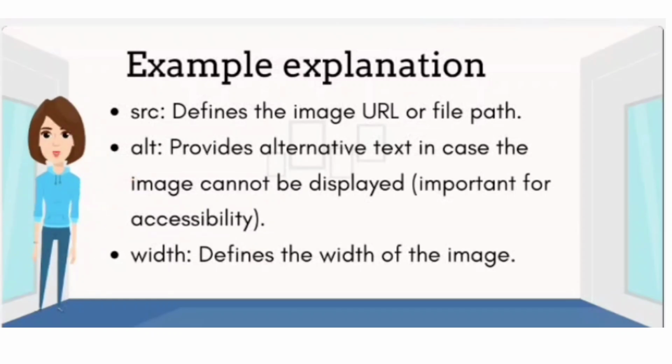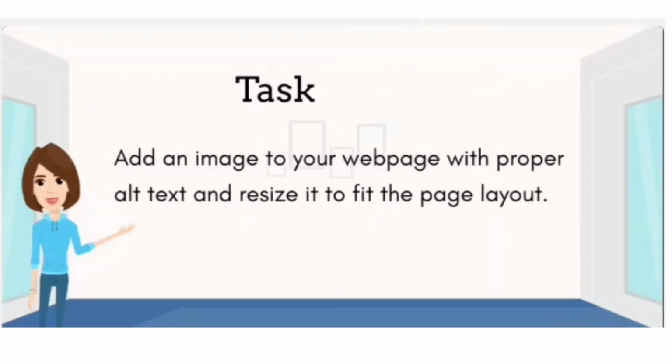Alt provides alternative text in case the image cannot be displayed, important for accessibility. Width defines the width of the image. Create a task. Add an image to your web page with proper alt text and resize it to fit the page layout.